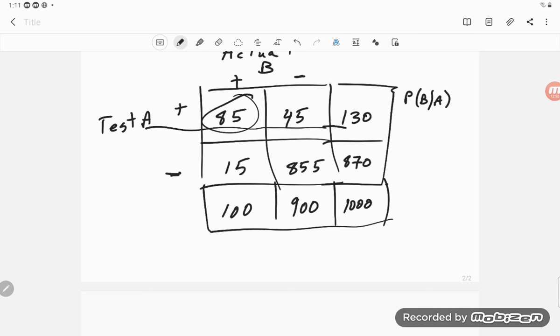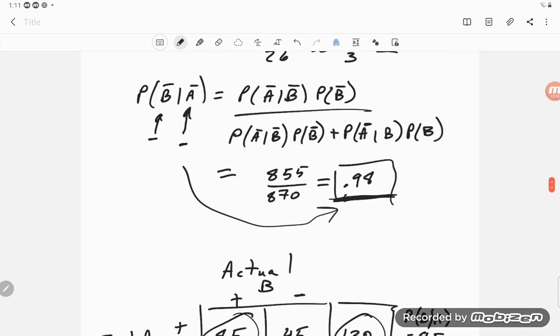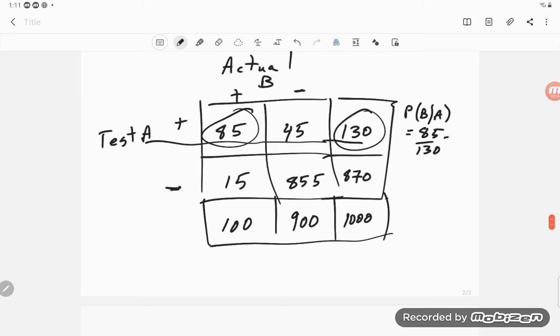I have to look at this row, and so I'm looking at 85 over 130. Okay, I can just give that number, and there it is. And that is the number I got back here, the 17 over 26. If you reduce that, that's 0.65.